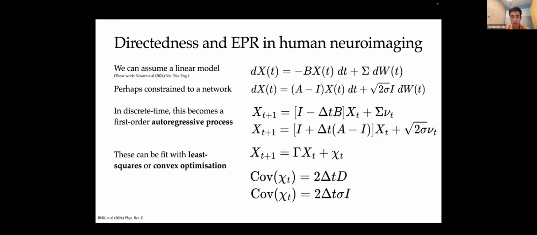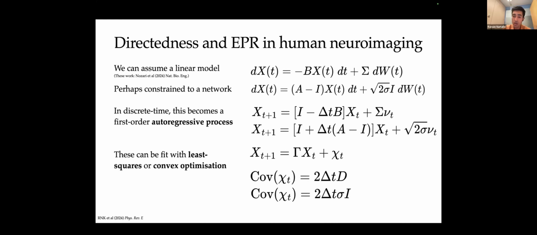It's difficult to both extract a network in a high-dimensional system and measure the entropy production. These are both 2 hard problems. So we took an approach that basically is modeling it with an Ornstein-Uhlenbeck process. You can either have a general Ornstein-Uhlenbeck, or you constrain it to a network. So in this second model, A would be a positively weighted network of connections.